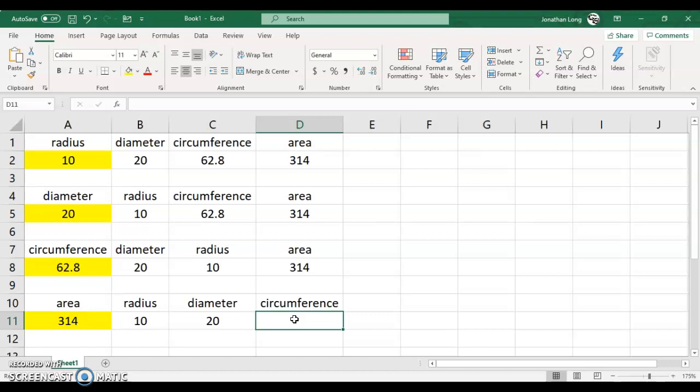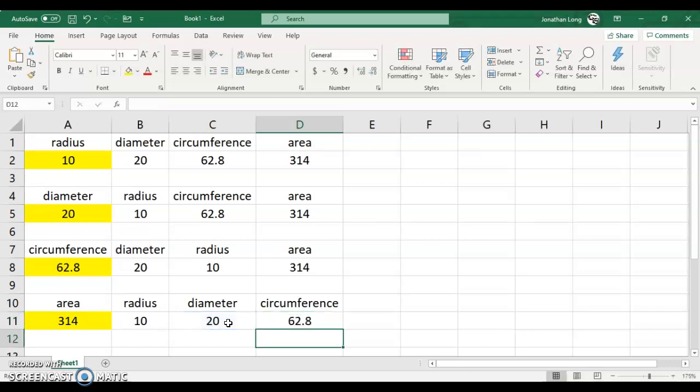How do I get circumference? Circumference is diameter times pi. So where's my diameter in this row? Here's my diameter, C11 times pi, 3.14. So C11 times 3.14. Okay, and I'm going to hit enter.